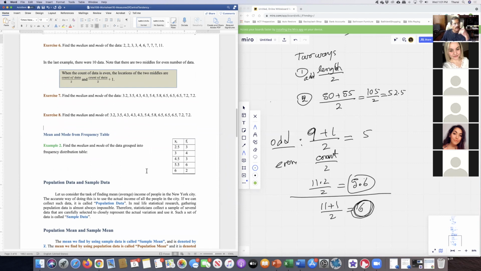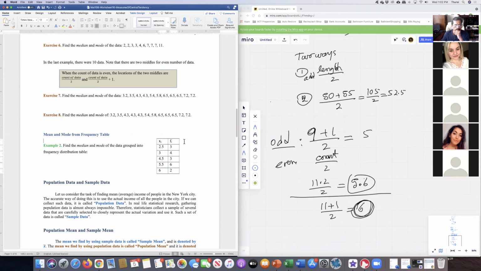Now, mean is easy to find from this because it means this data 2.5 is there 3 times. Data 3 is there 4 times. That's what this means. So to find the mean, we just have to make another column for the fi xi, right?